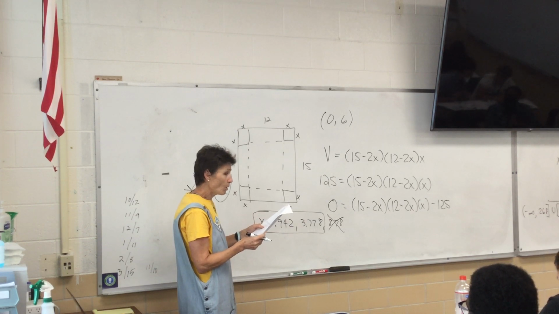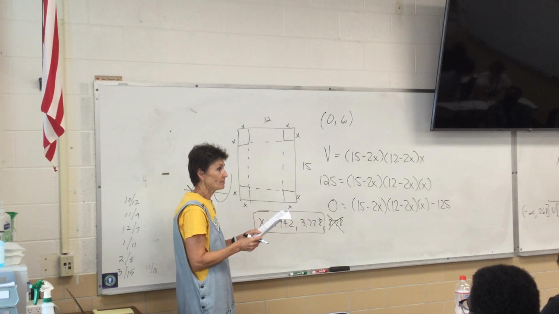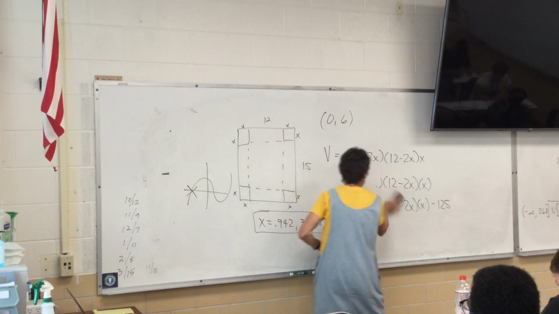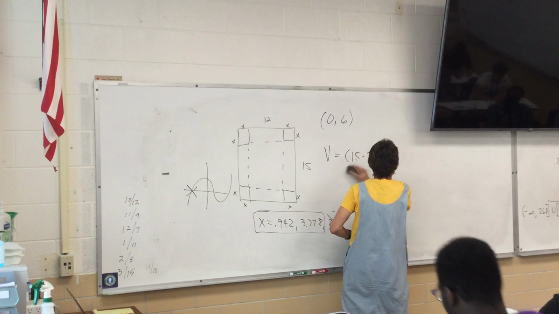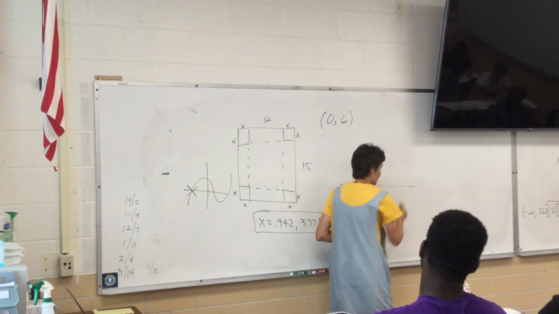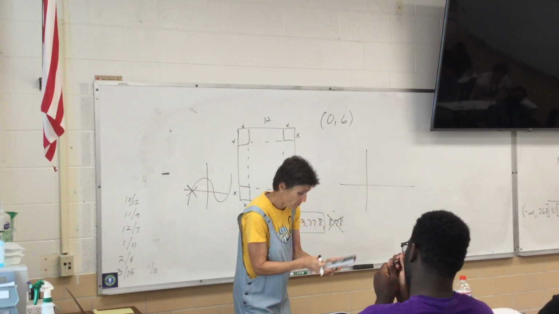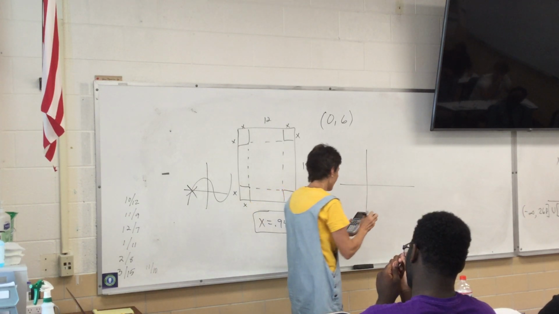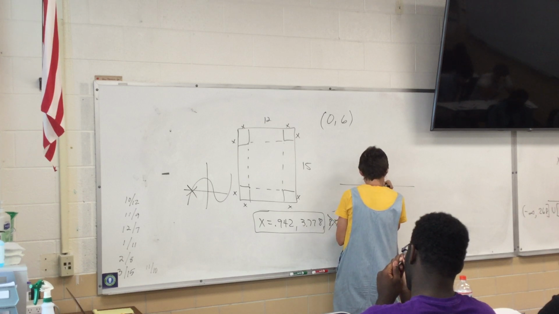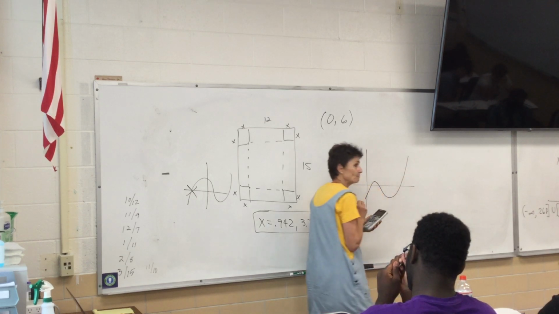Now, more than 125. Keep in mind, when you graph this thing, I did it with zeros. If you did it with intersects, obviously your picture is going to look different. But I've got a picture that looks like this, right?